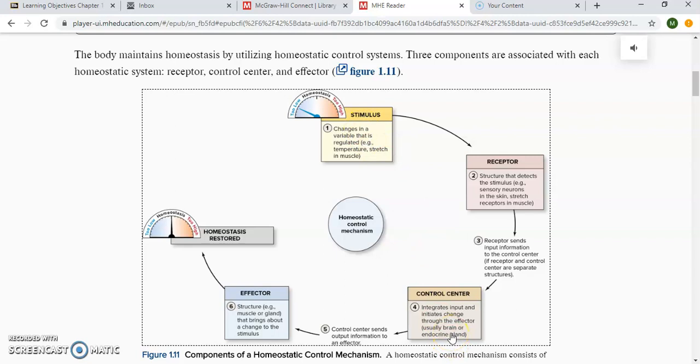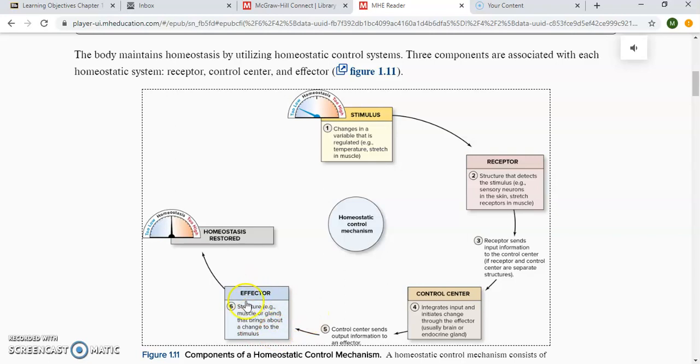Then the control center will send information, either through nerves, because if it's coming from the nervous system, the nerves will take it to another part of the body, or through hormones. There could be a gland that, when it gets information that there's a change, releases a hormone into the blood, and then the hormone makes its way to the effector through the blood.